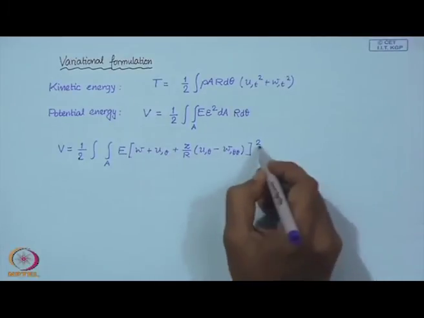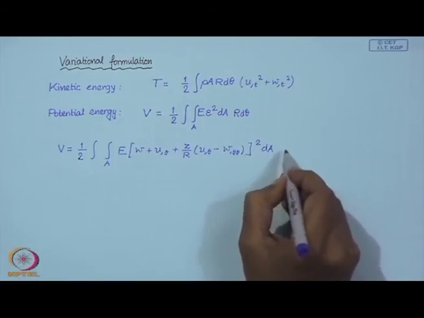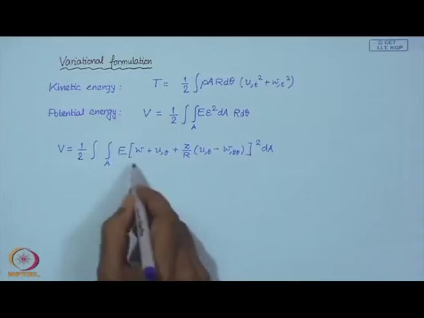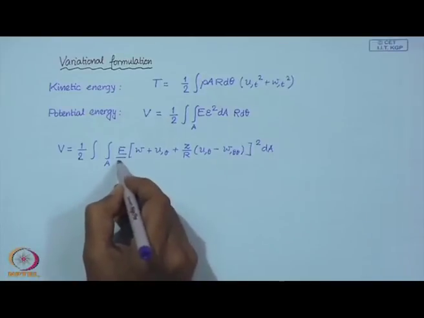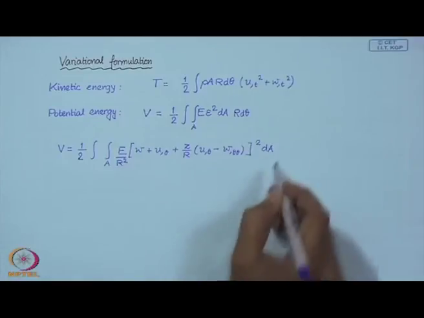So, that squared dA, and there was one 1 over r in the strain expression. So, that becomes 1 over r square.